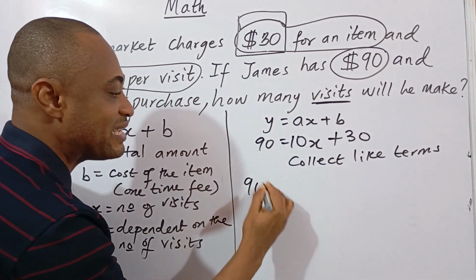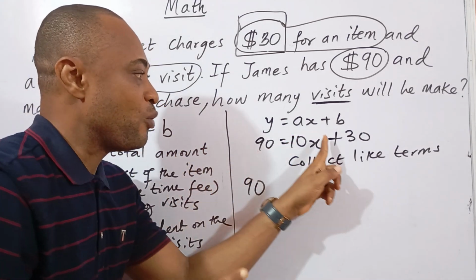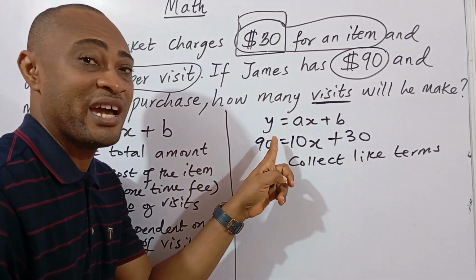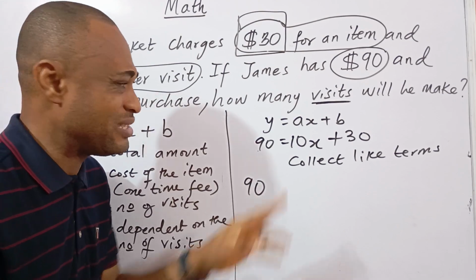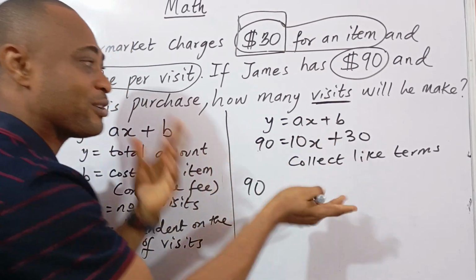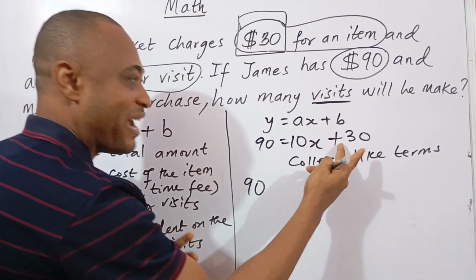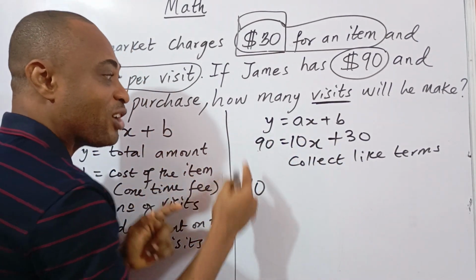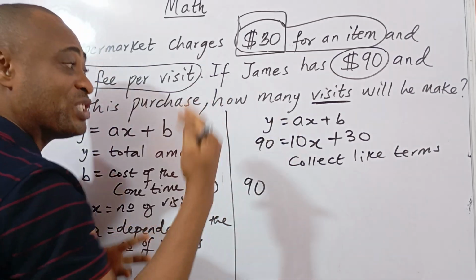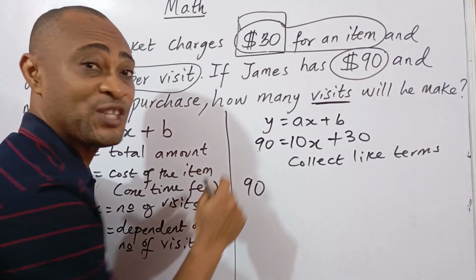Alright, that will be 90. Take note, when you have a sign crossing the equality sign, it must change. This equality sign is so powerful. Anything that crosses this sign must change. Plus crossing it will change to minus. Minus crossing it will change to what? We change to plus. Division crossing it will change to multiplication. Multiplication will change to division. So this is a transformer here.